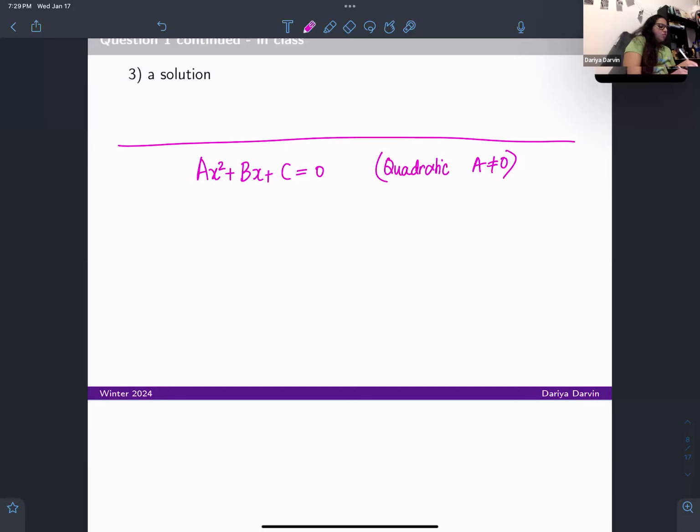Now, what's the solution for this quadratic and how do you, okay, let's go a step back. What's the discriminant for this quadratic? Excellent. When do you have exactly one real solution?